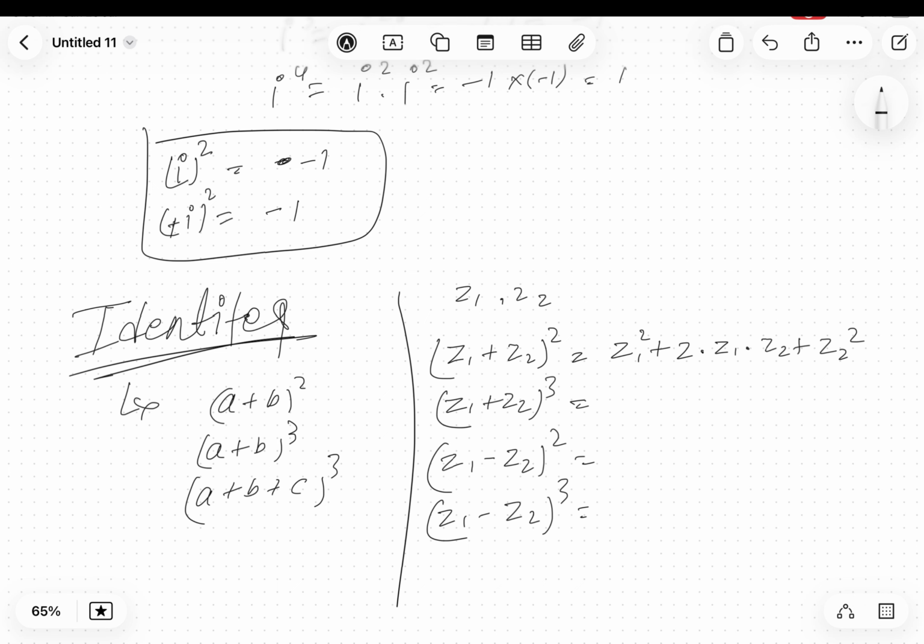Now we have z1 square minus z2 square. So this is all the same as (a plus b) whole square, (a plus b) whole cube.